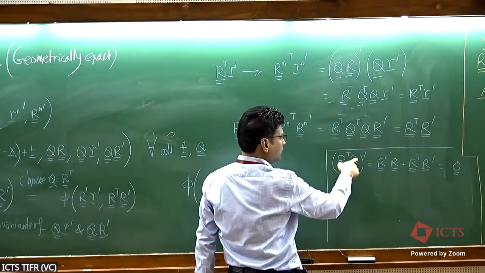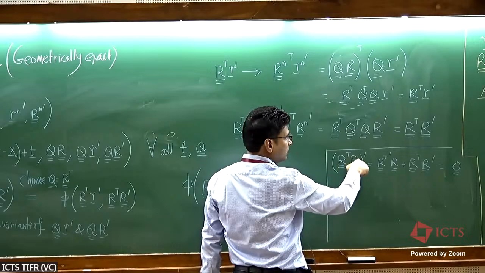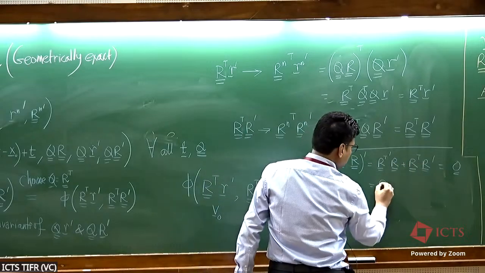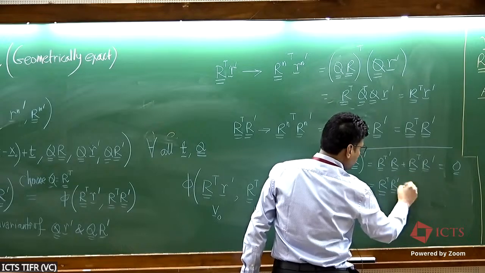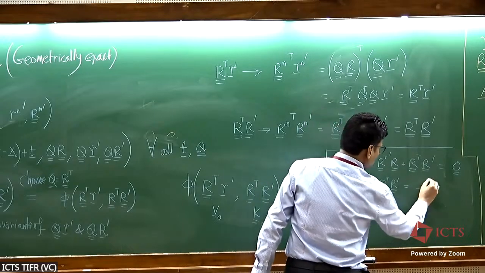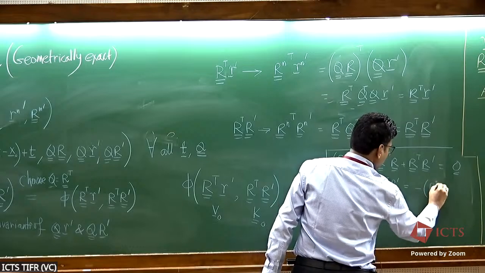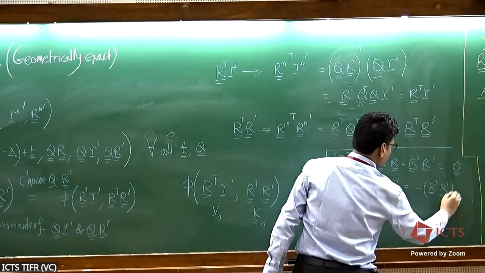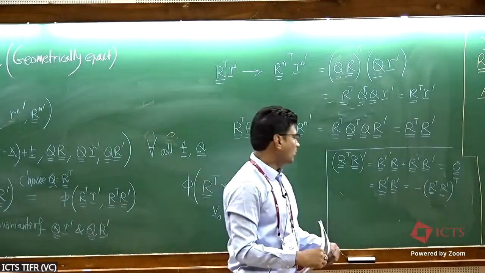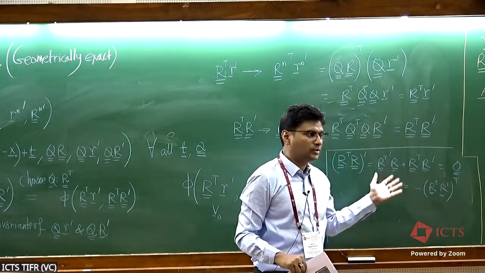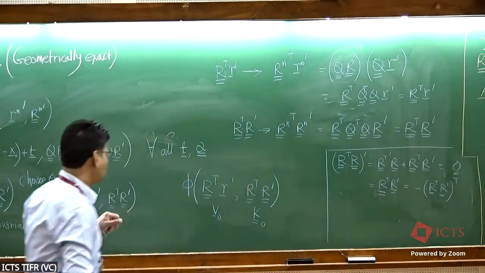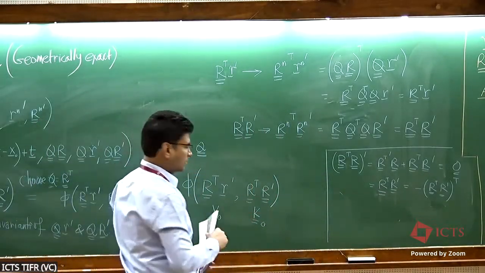Because big R transpose big R is identity, prime of identity is 0. And this means big R transpose big R prime is equal to negative of this, which is big R transpose big R prime transpose. So a matrix equal to negative of its transpose means it's skew symmetric. Okay, so this K naught is actually skew symmetric.